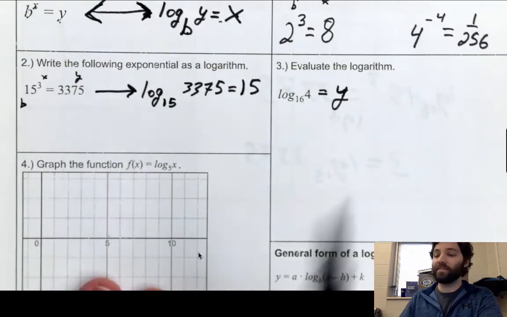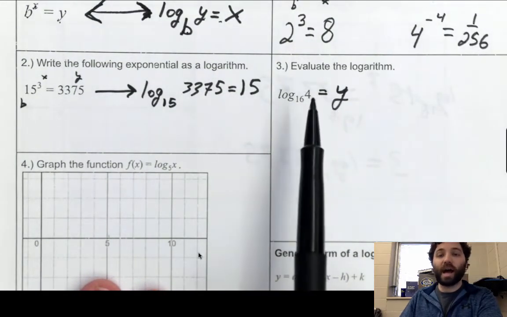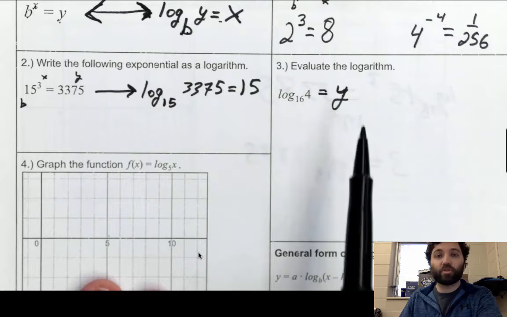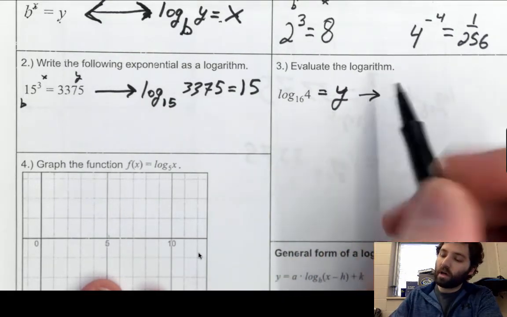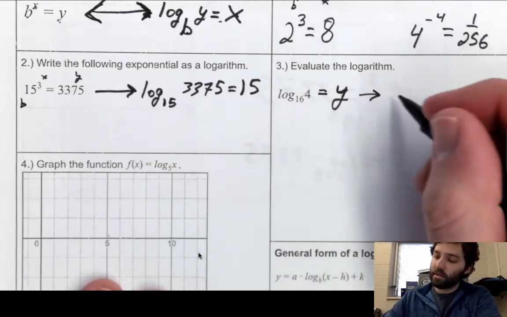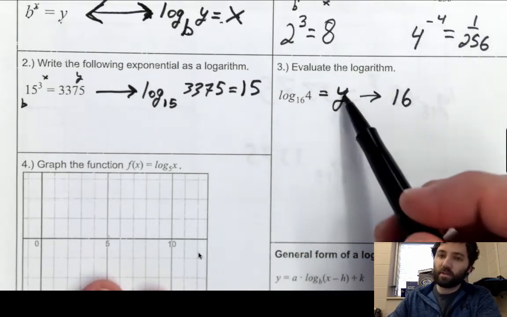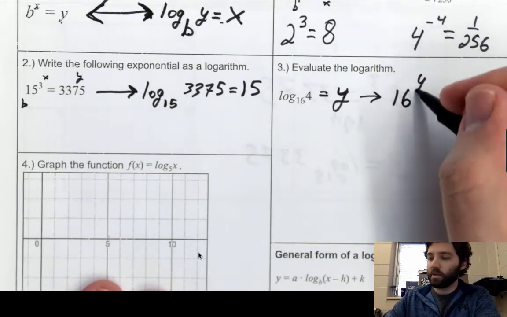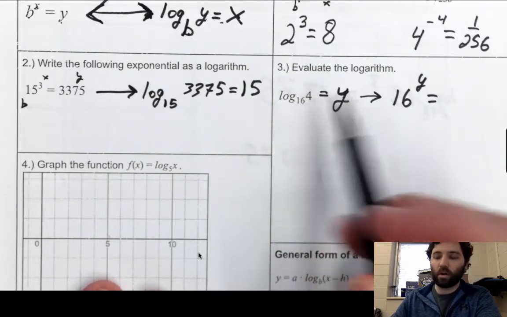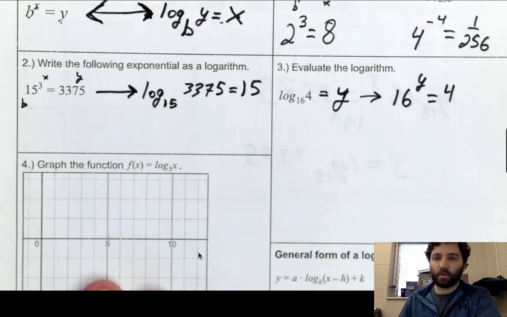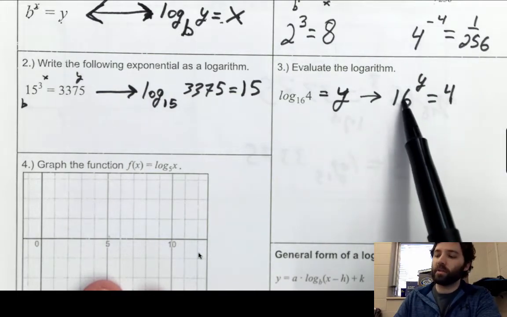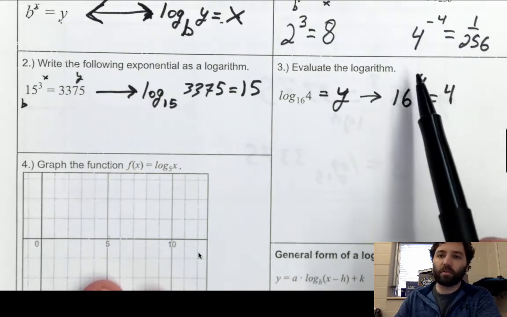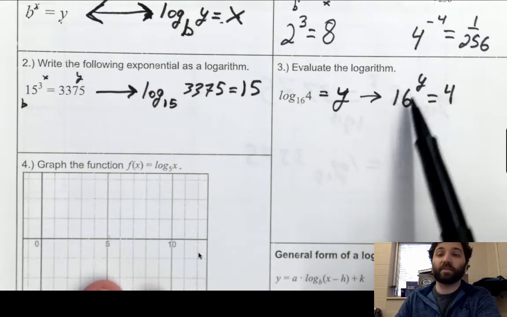I don't know. But if I set it up as an equation, I can rearrange it as an exponential, and then maybe I can figure it out. So I can rewrite this as 16, that's our base, raised to the number, so that's y, is equal to 4. Okay, and so you ask yourself then, what do I raise 16 to, to get 4?